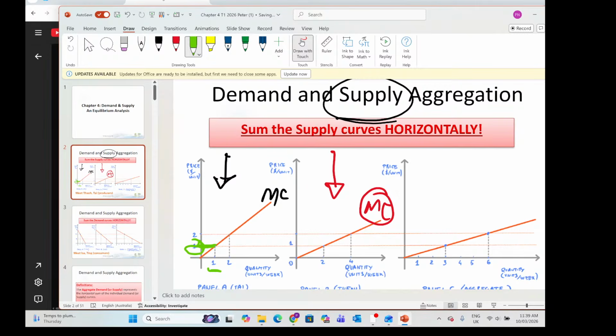And then for Theo, he supplies at the same $1, he can supply two goods. So if I just add one good and two goods together, in the total market supply at $1, the total market supply is 2 plus 1, or should I say 1 plus 2. So there is Thai.